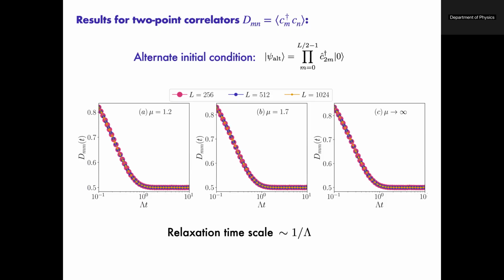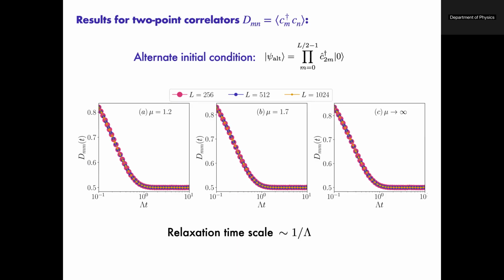But then I have to give you an initial condition. Primarily I'm going to talk about the initial condition which you can call charge density wave, or alternate initial condition. It's very simple. You basically prepare the lattice with one particle, no particle, one particle, no particle. That's what you call the alternate initial condition.